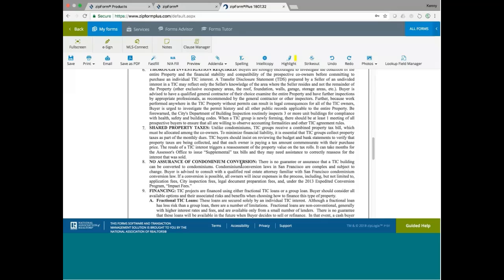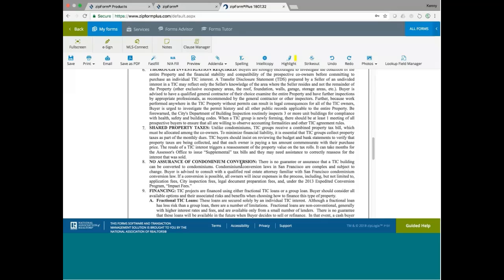Think about it. Who would want to convert a TIC into condominium? An investor. If I'm an investor, I will convert a TIC into a condominium because each individual condo unit is actually worth more than the individual TIC. So I have incentive to convert them into condo.